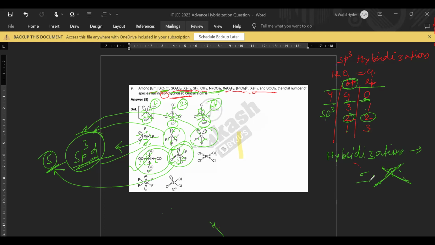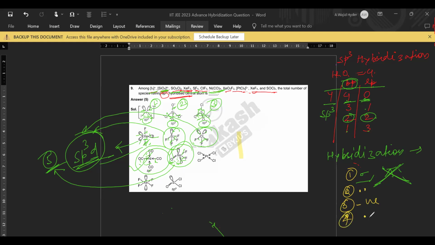One more point I want to tell you here. It is sigma bond which can be considered in hybridization. It is lone pair which can be considered in hybridization. It is negative charge that can be considered in hybridization.